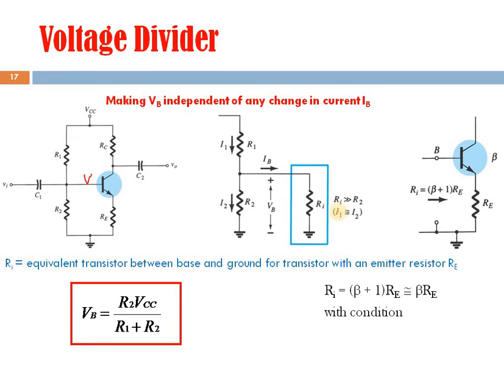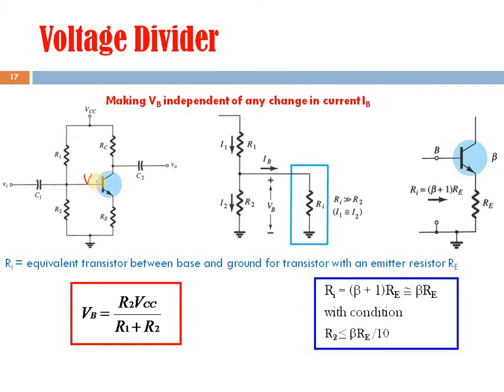So if we want to ensure the condition that this Ri should be very large as compared to R2, or you can say R2 is very small as compared to Ri, we have to satisfy that R2 is very small as compared to beta into Re divided by 10, right? So R2 should be equal to this or less than this. That way this R2 will consume most of the current, and the current which is going toward this side is very small, and this VB is almost constant.